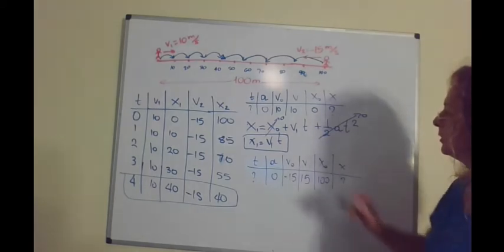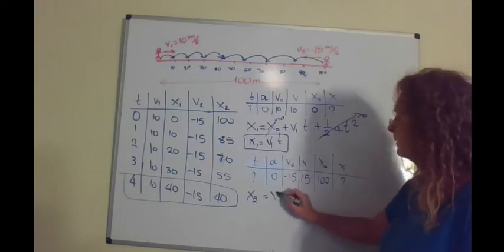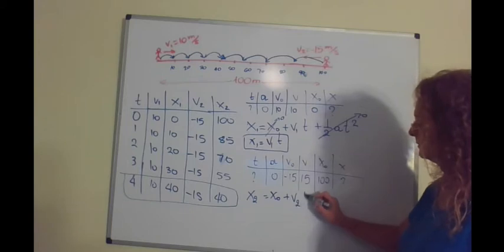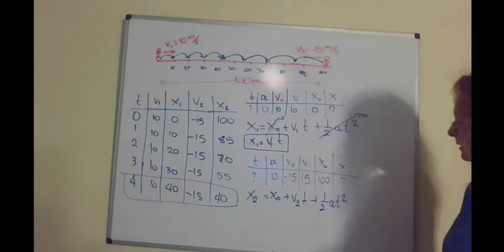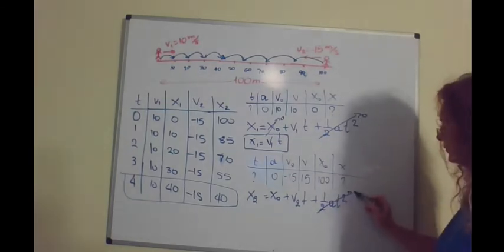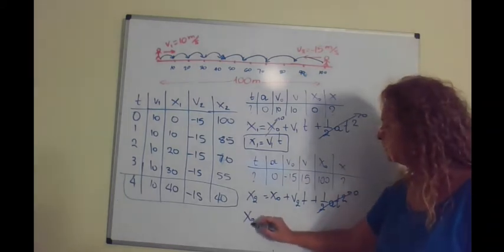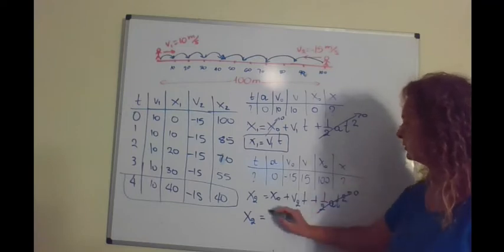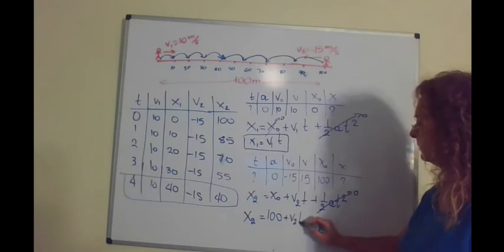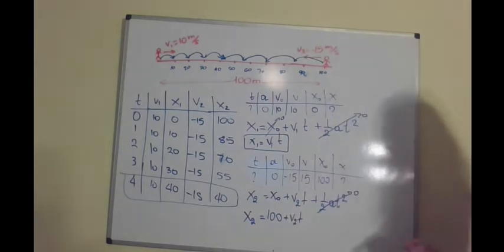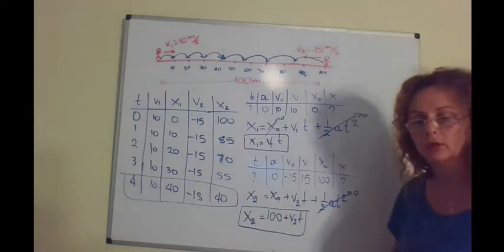By using the same equation, there's no acceleration, so this term turns 0. What we have is that x2 equals the initial position, which is 100, plus v2t. And this is the formula that gives the position for the second object.